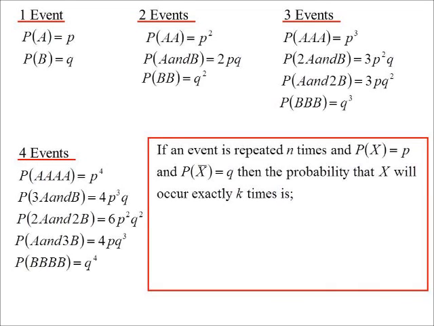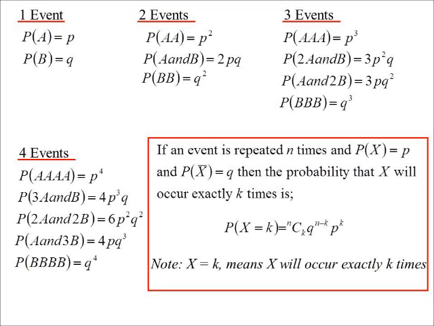So, we don't need to draw our tree diagram up. If we know we're going to toss a coin or whatever it happens to be, we're going to repeat it n times, probability of it happening is P, probability of it not happening is Q, then the probability that it will happen exactly K times, and we don't care the order, must be the general term in that binomial theorem.